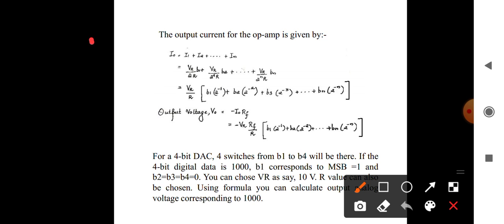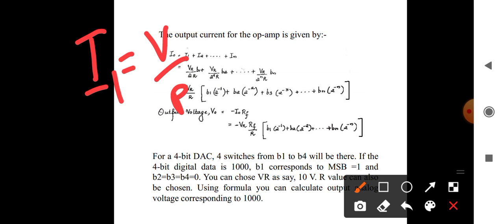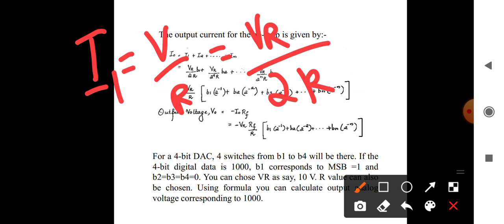I1 will be equal to V by R. What is the voltage here? Voltage here is VR, the reference voltage. And what is the resistance corresponding to the MSB? It is the least resistance, that is 2 raised to n into R, where n equal to 1, that is 2R. Which bit does it correspond to? It corresponds to the bit B1.